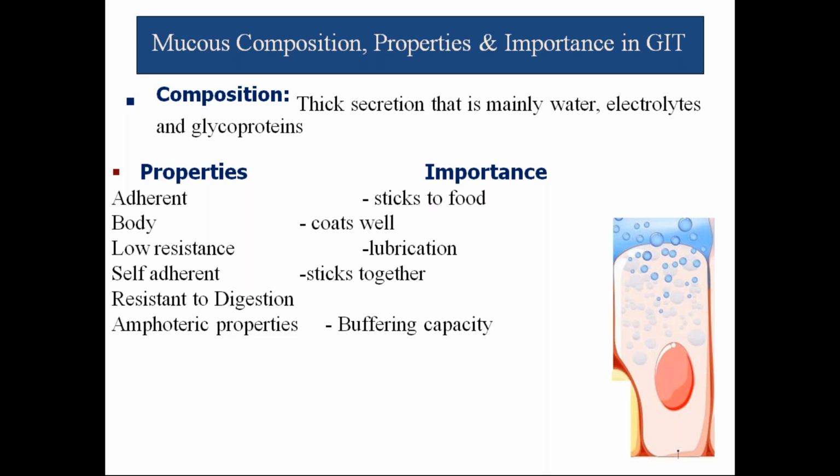This property helps in coating the wall of the gut so that the food particles will not be contacting directly the layers of the GIT. So it is again serving a protective function.